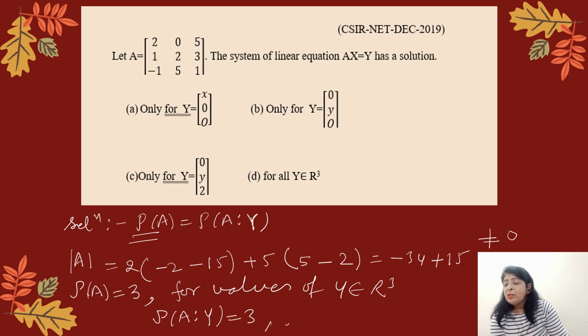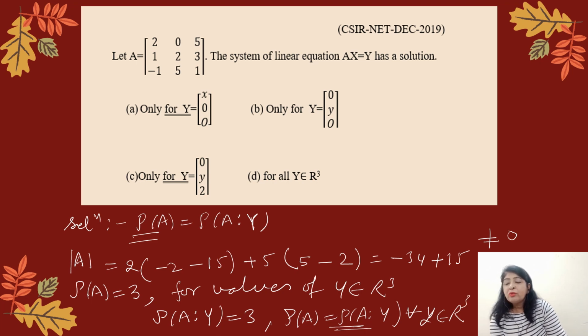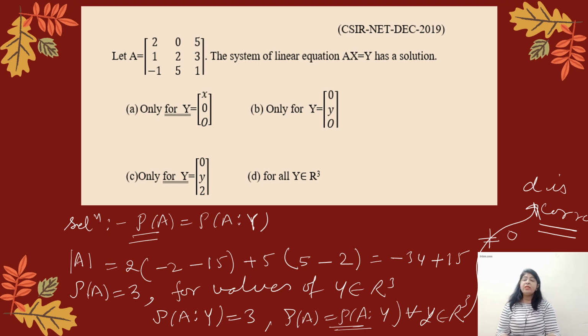Now as rank of A is equal to rank of the augmented matrix for all y belongs to R cube, this implies option D is correct. So D is the correct answer.